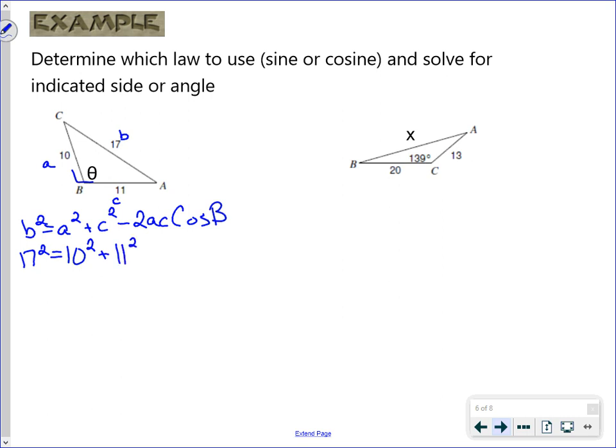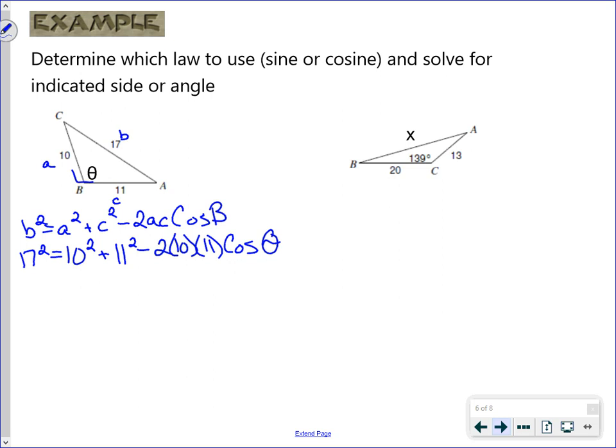So make sure that we square all three of those numbers. We're going to subtract 2 times our a value of 10 times our c value of 11. And we're trying to find cosine of angle theta.